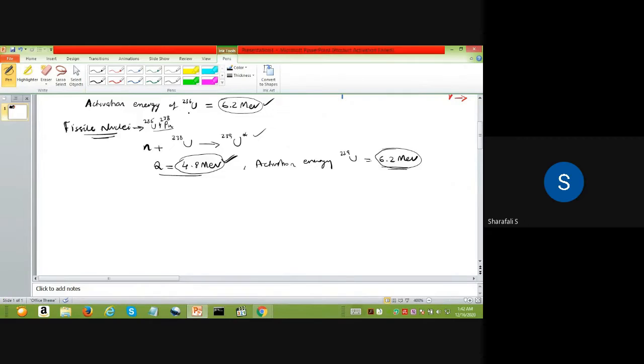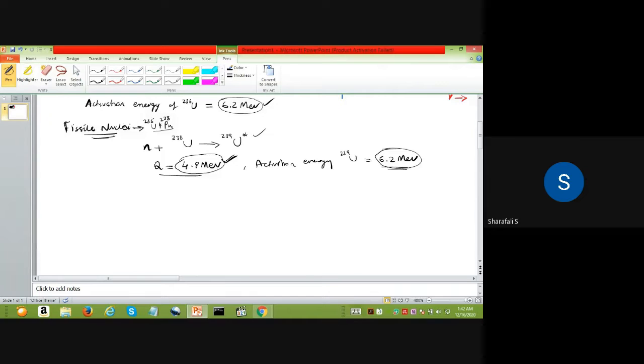Uranium 233 also you should check. So there are different nuclei which have these properties, where these nuclei just absorb the neutron, have more energy than the activation energy, and readily go through the nuclear fission process without any potential barrier or hindrance.